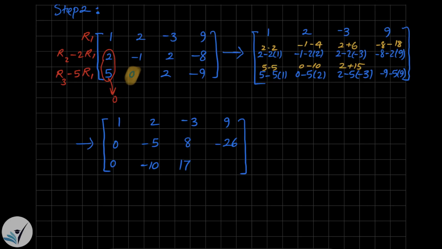And the last entry we have negative 9. Negative 5 times 9 is negative 45. And we have negative 54.